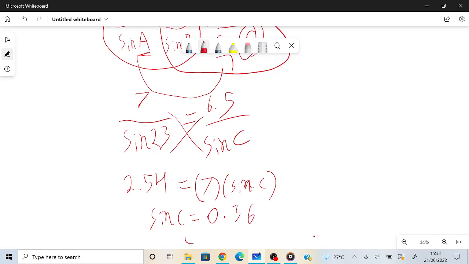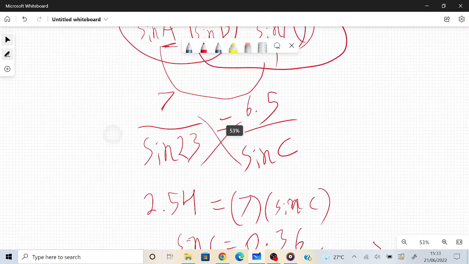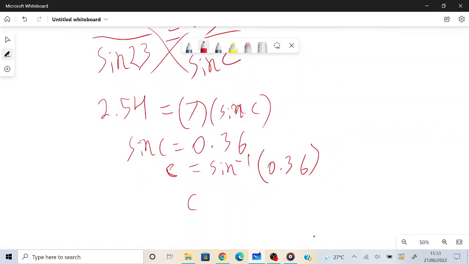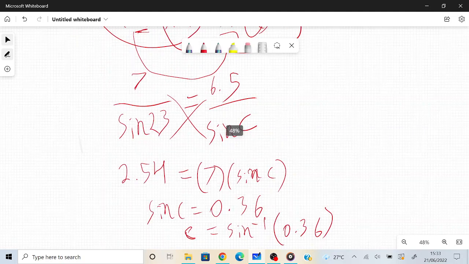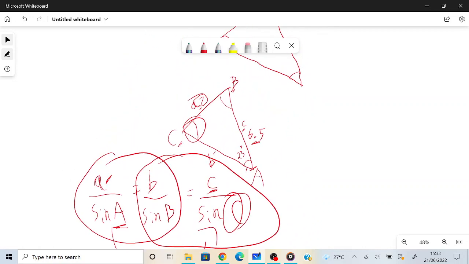And then C is the sine inverse of 0.36, which is 21.1. So eventually your answer over here would be 21.1.